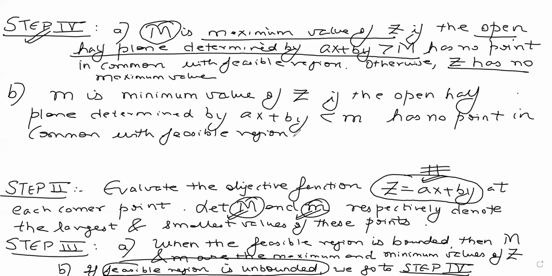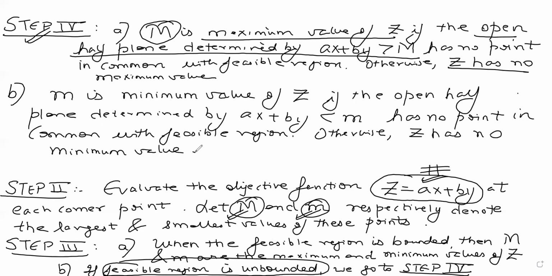If it has a point in common with the feasible region, which means otherwise, Z has no minimum value.